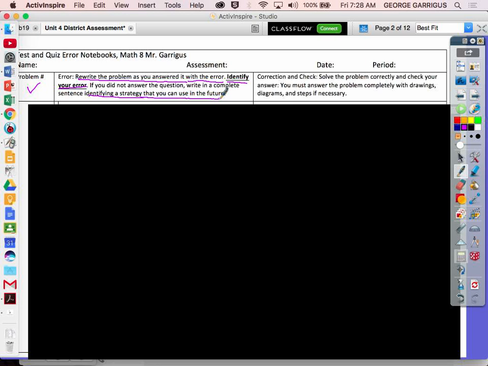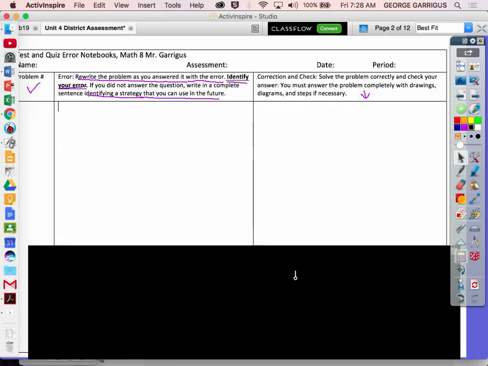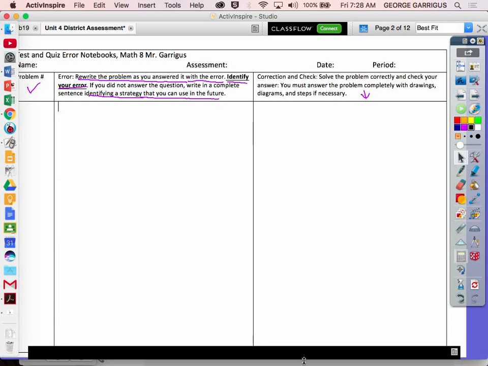And then in this third column right here, you are going to do the correction based on the video and what you've learned. As you correct and check, you're going to solve the problem correctly, checking your answer, and you will have to do it completely. If there are drawings and diagrams and steps, you need to include all those things.